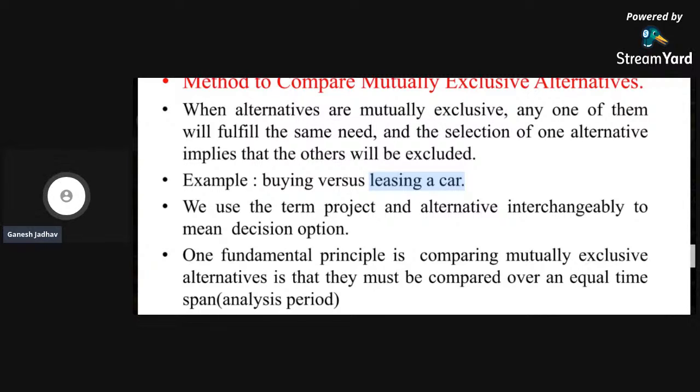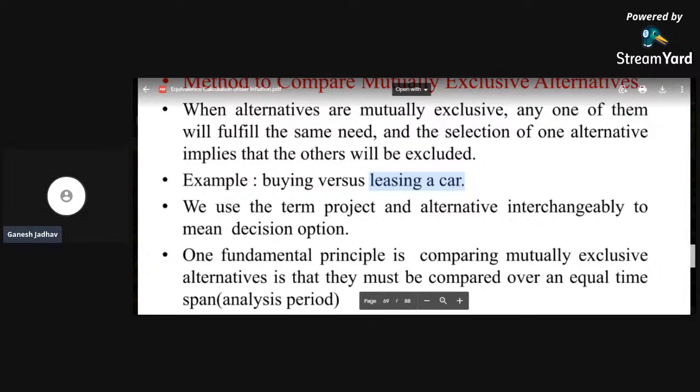We have two options, buying a new car or leasing a car. As per the mutually exclusive alternatives, these are the two alternatives, so we have to take the decision from the two options.